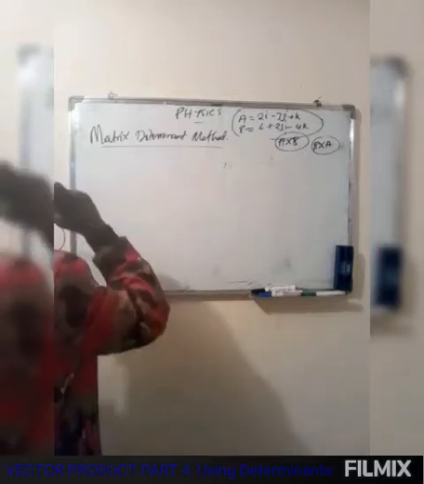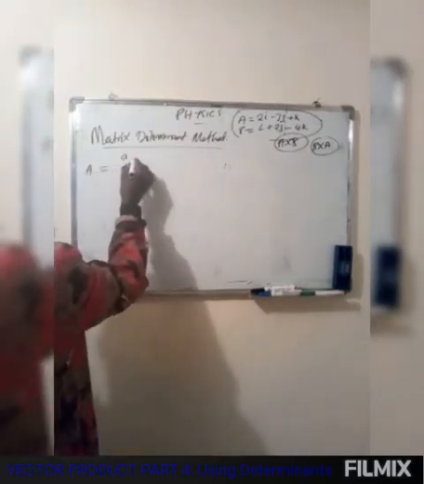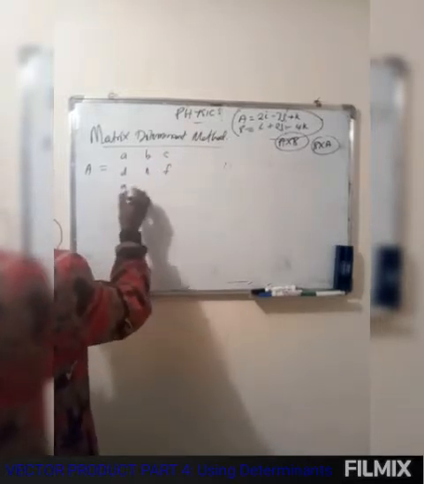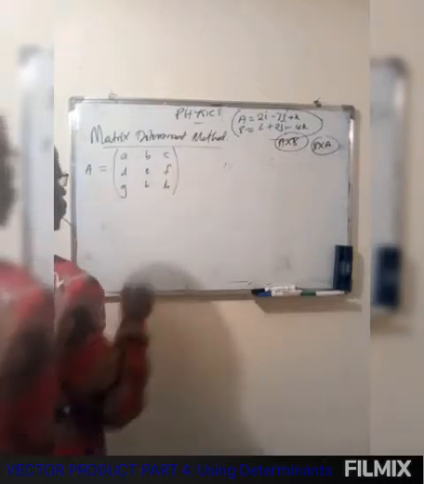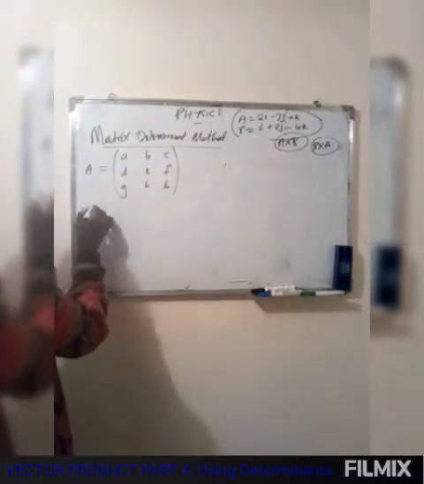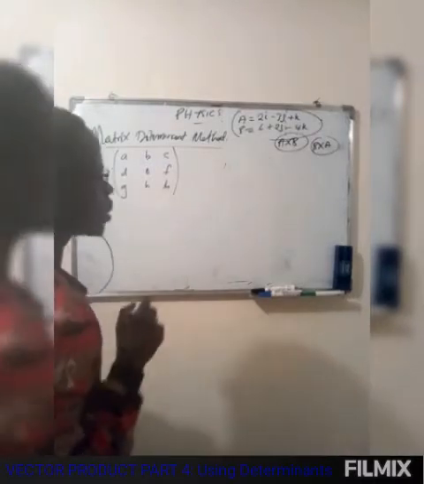Okay, so let's say we have a matrix A, which is A, B, C, D, E, F, G, H, I. And what we now need to do is find the determinant of this matrix A. So now, we have what are called placeholders.